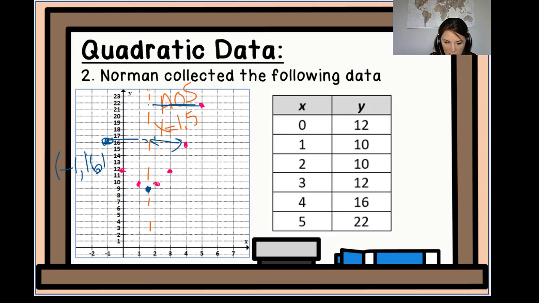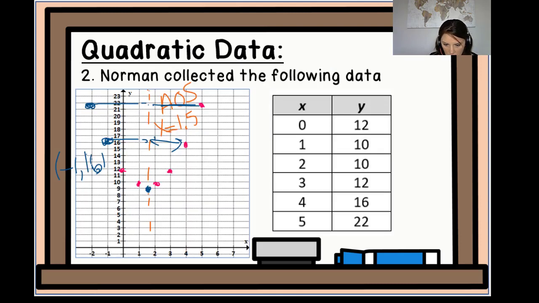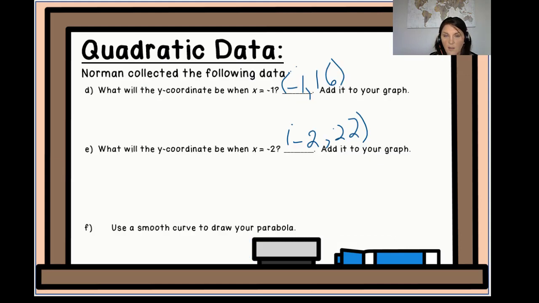So if we move 3.5 in the other direction from the axis of symmetry, that puts us at -2. And so that's a symmetrical point. So that's going to be at -2, 22. So again, -2, 22, because that is a symmetrical point.